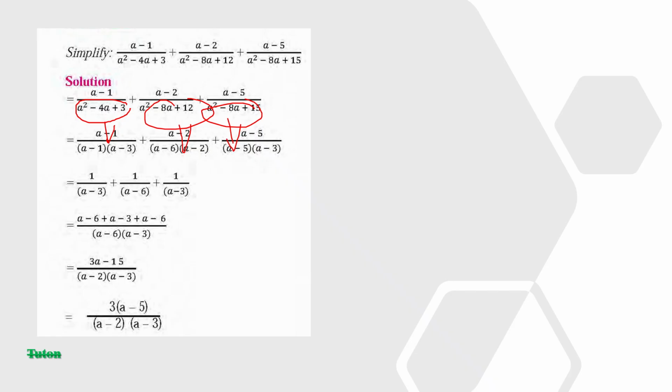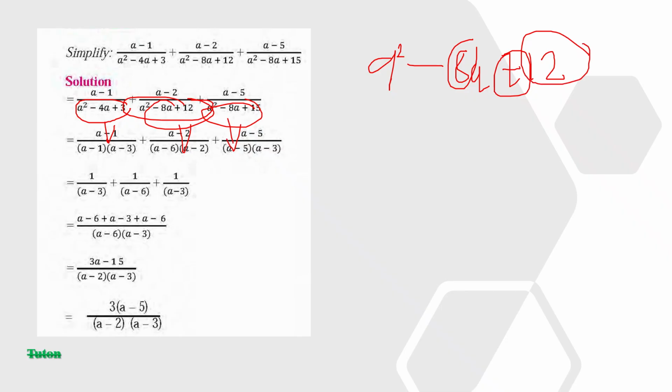For the second term, it would be a square minus 8a plus 12, right? Here we have a positive sign in here. That means we have to find two numbers such that those two numbers will sum up to become 8, and on multiplying those two numbers we will get 12.